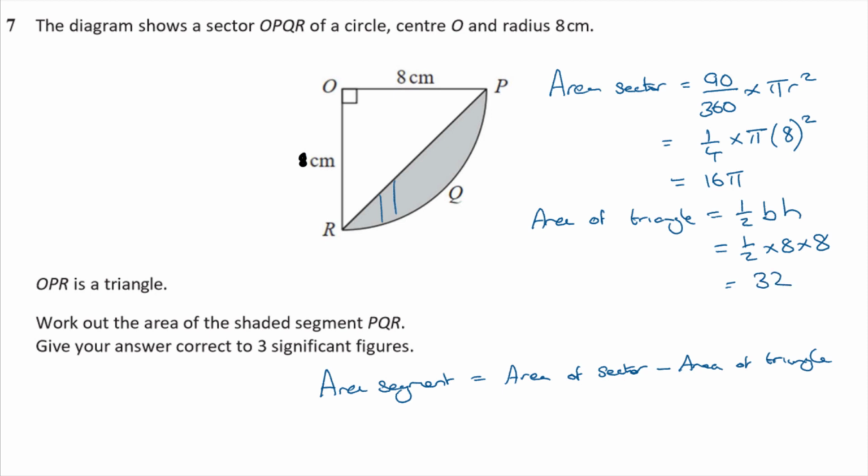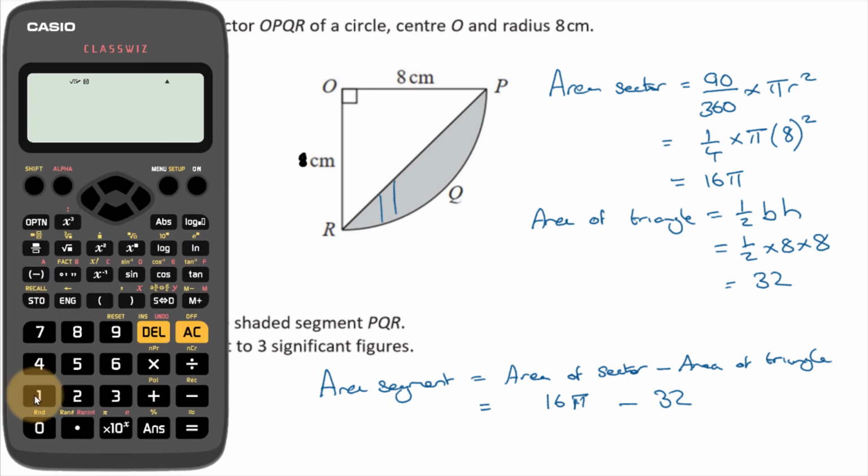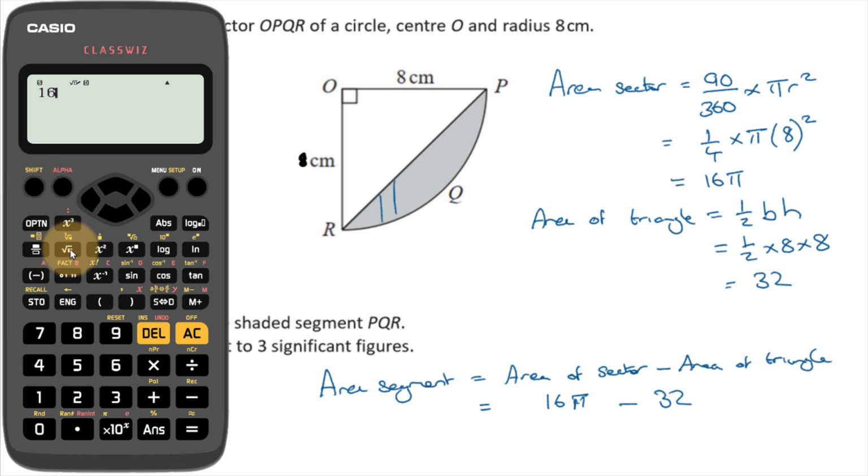Okay, so then the area of the segment is going to be the area of the sector, which is 16 pi, minus the area of the triangle, which is 32. Okay, so now I can actually type pi in to get a precise answer. So 16 lots of pi minus 32, what's that? That's 18.265.